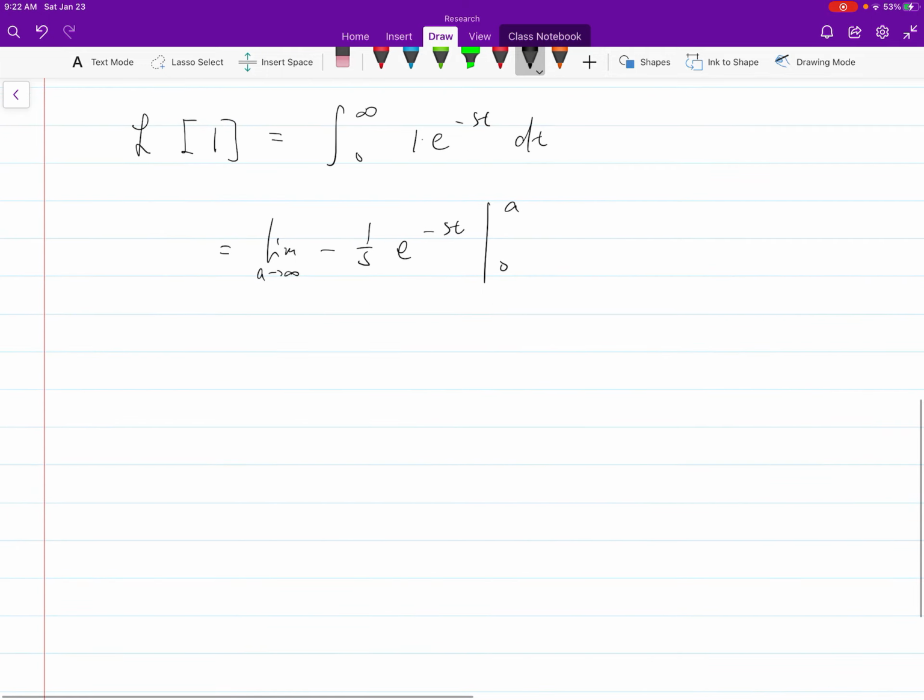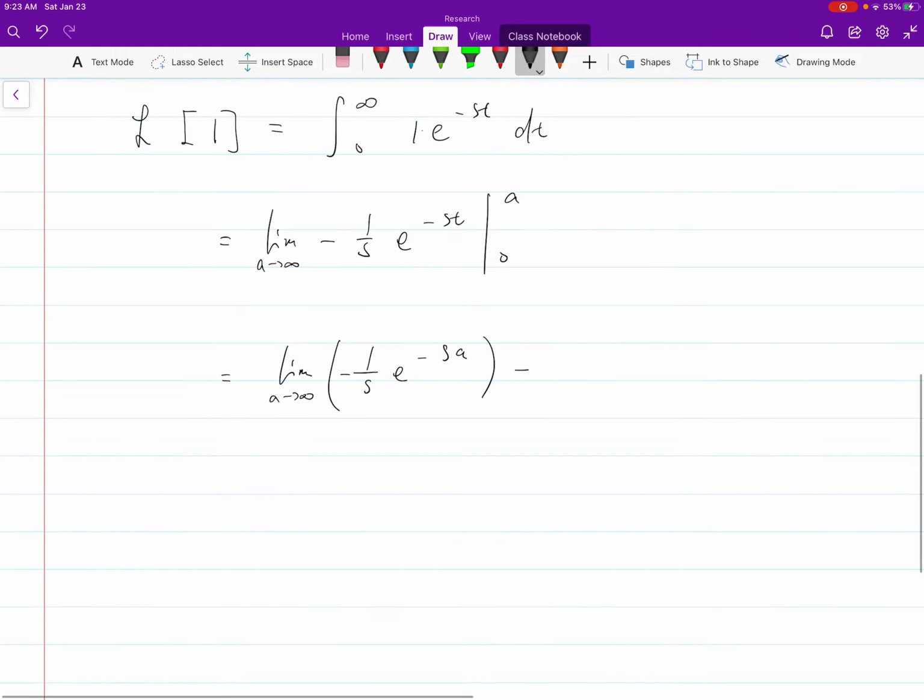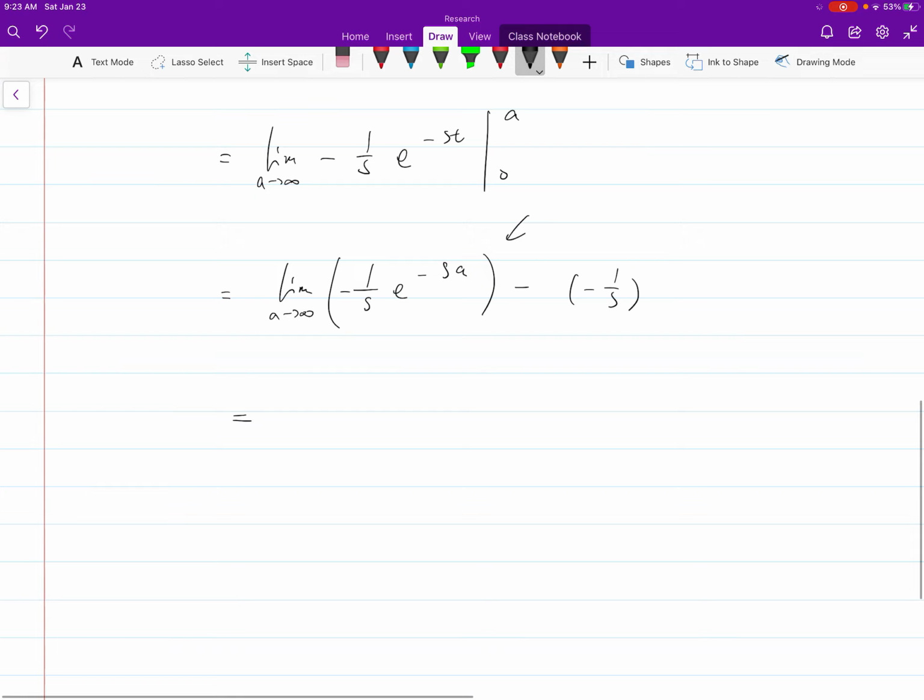After that, what we have is negative 1 over s, limit as a goes to infinity of e to the negative s a, minus, if you plug in 0 for t, minus 1 over s. Together, the one on the left goes to 0, and the one on the right gives you 1 over s.